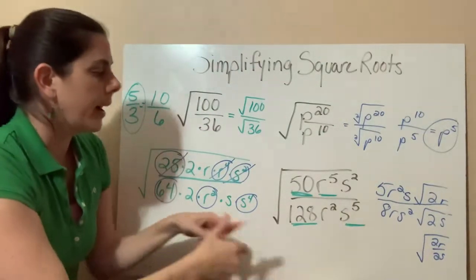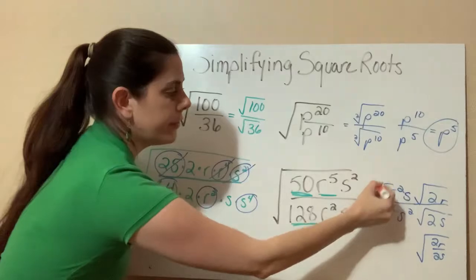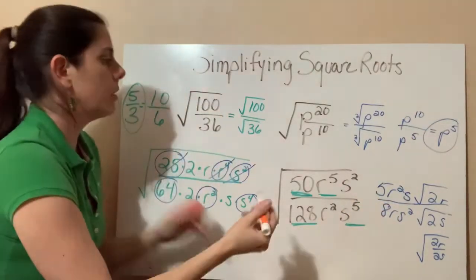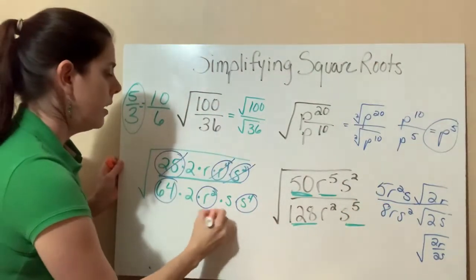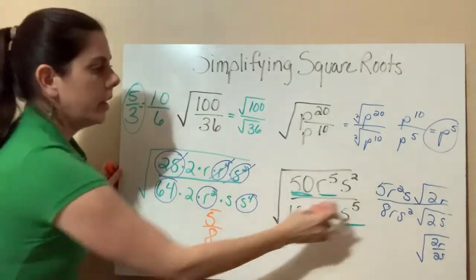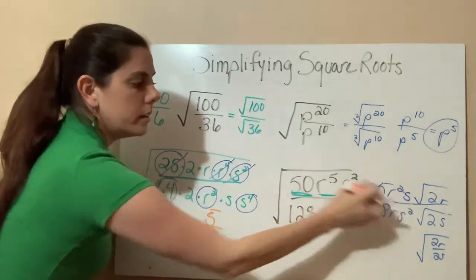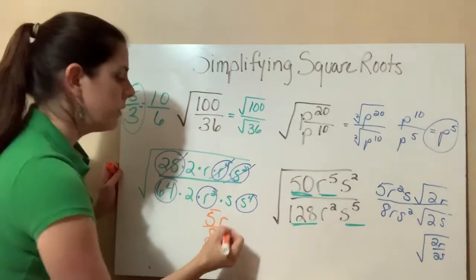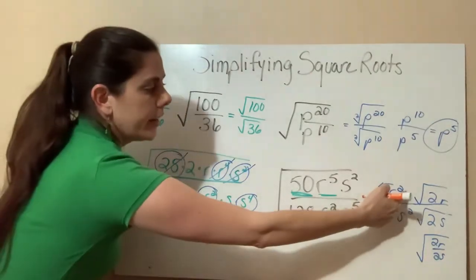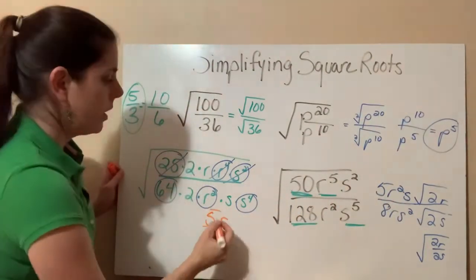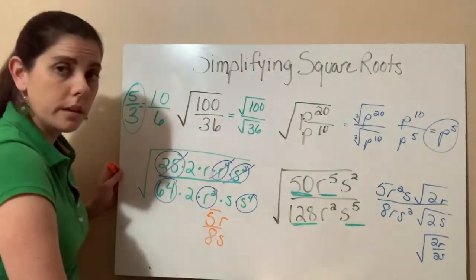We know that this 5 and this 8 can't reduce, so we're just going to have the 5/8. But r squared divided by r is just going to leave us with an r on top, and s divided by s squared is going to leave us with an s on the bottom.